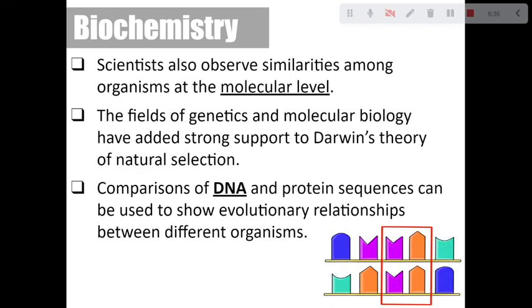Finally, we have biochemistry. So, scientists will also observe similarities among organisms at the molecular level. The fields of genetics and molecular biology have added strong support to Darwin's theory of natural selection. Comparisons of DNA and protein sequences can be used to show evolutionary relationships between different organisms.